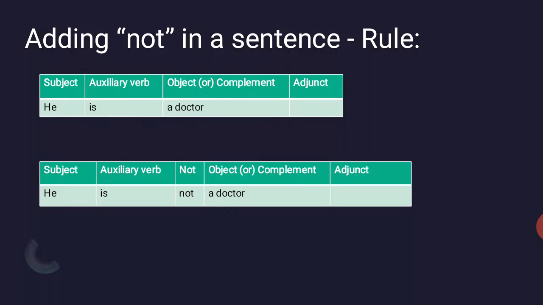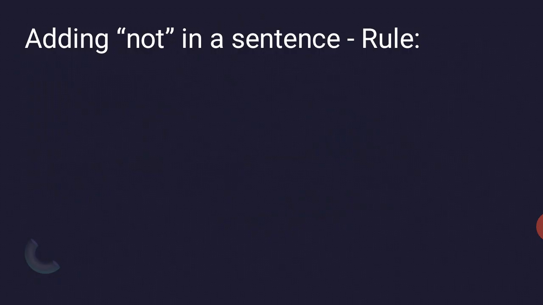We have to find the auxiliary verb, and we have to put not after that auxiliary verb. For example, he is not; here is is the auxiliary verb, and we just put not after the auxiliary. See the difference. He is a doctor is positive, and he is not a doctor is a negative formation. This is the rule for making a negative sentence by adding not in a sentence.